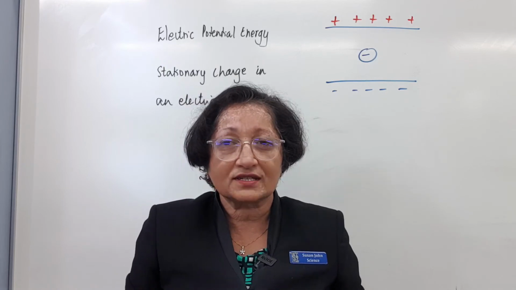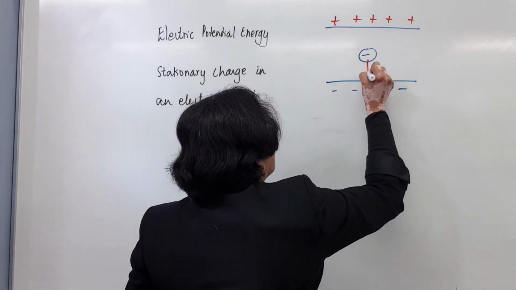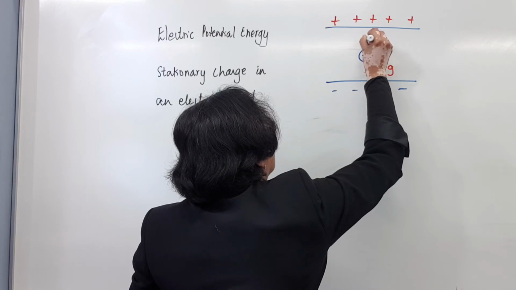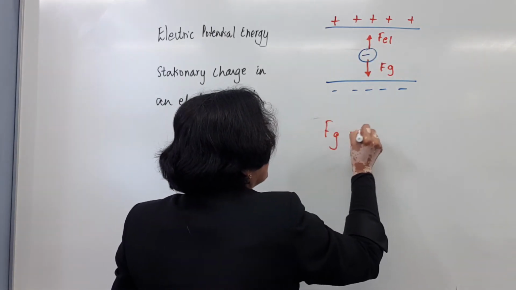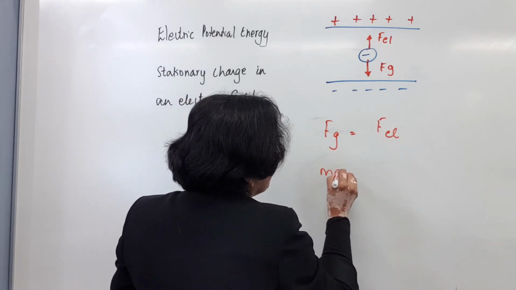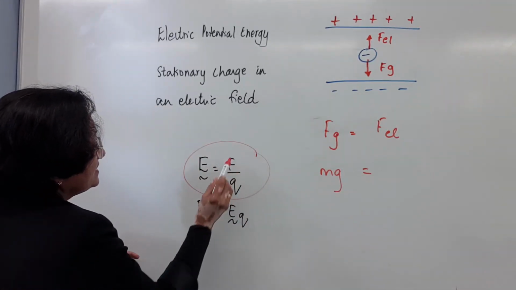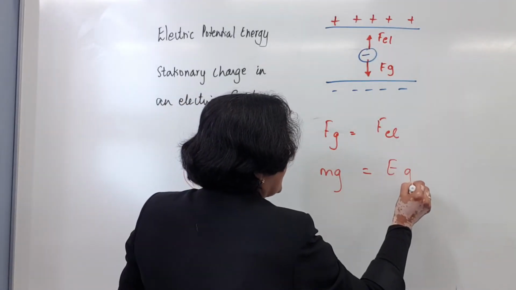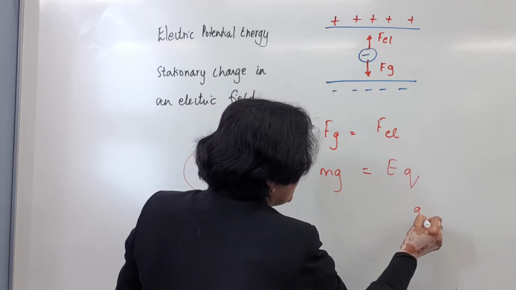So what are the forces that are balanced? There are two forces acting. One would be the force of gravity, and the other one would be your electric force. When your gravity force is equal to the electric force, then it's balanced. Your gravity force is m times g, and your electric force is F equals E times Q, so it's electric field strength times Q. So how do you find the value of Q?